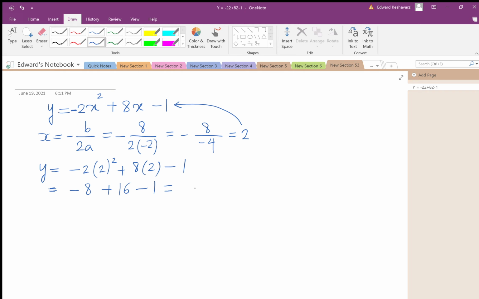Therefore, it's going to be 7. Okay, so we have y, the value of the vertex. Therefore, vertex has the coordinates of 2 and 7.